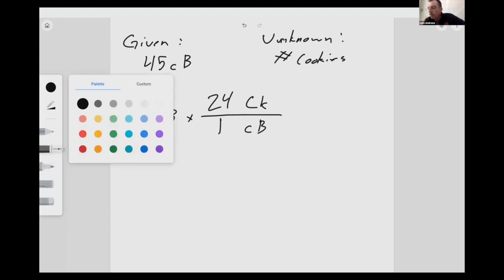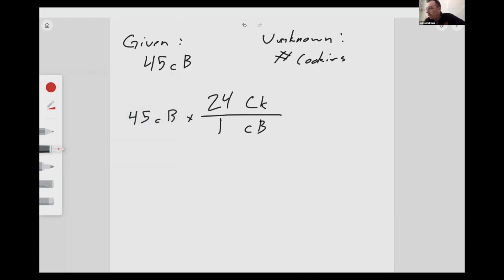So what happens when we multiply? You'll remember that this is over 1. So we're essentially multiplying fractions here. 45 times 24 divided by 1. Look at our units. Cups of butter in the numerator and cups of butter in the denominator. Those are going to cancel out.